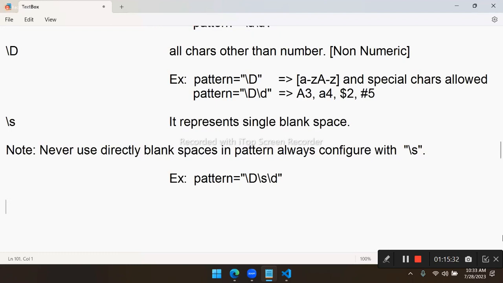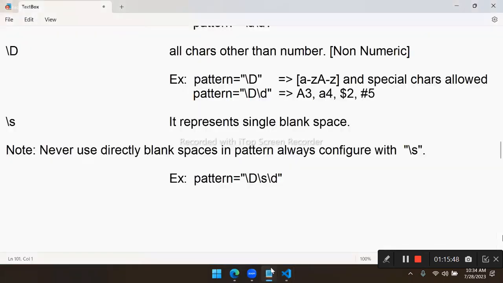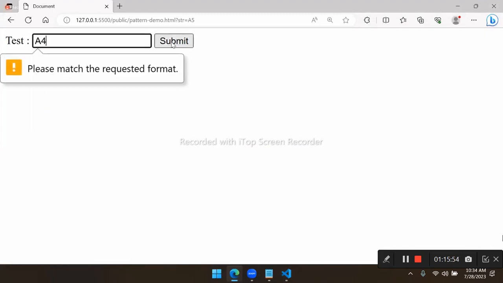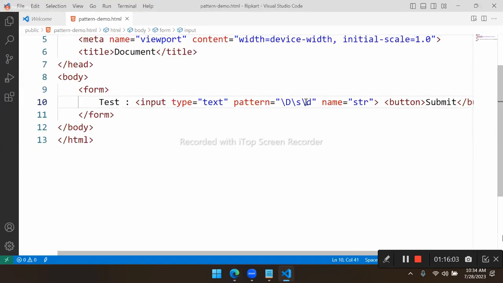That's how we have to write. Any number of spaces you can use, \s\s, two spaces like that. But don't directly use the space. Here I am using \s. So A and 4 is not allowed, because between A and 4 there must be space. Now it is allowed. So this is very important how you configure, right?